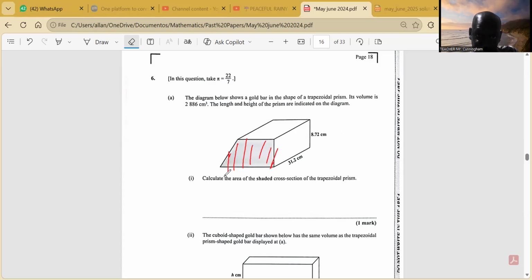This is your cross section. There are several shapes actually. Let's see if I can do it.